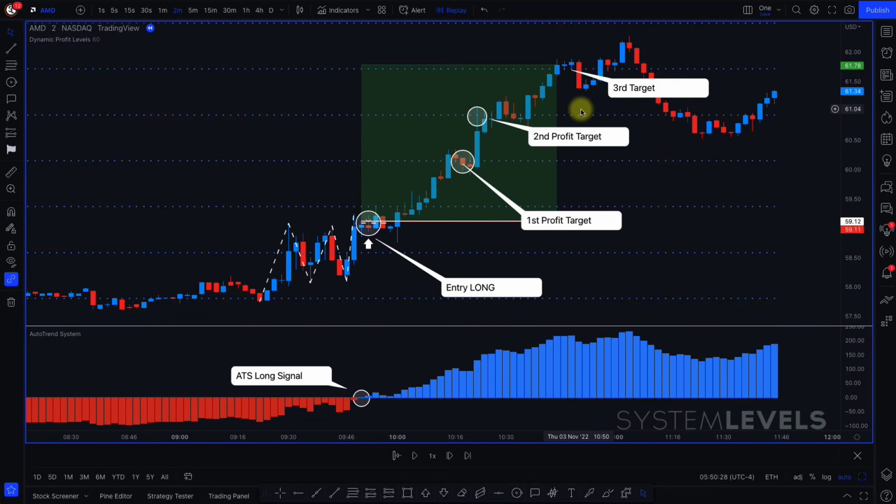So that's basically it. That's a quick review of a long trade using the AutoTrend system and the dynamic profit levels to trade very, very systematically and stress-free.